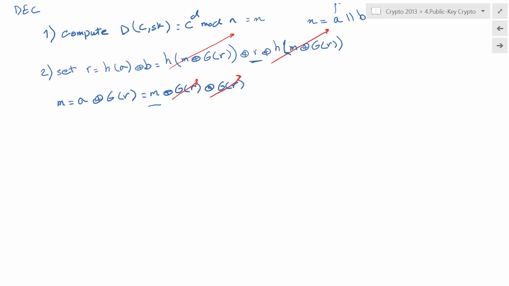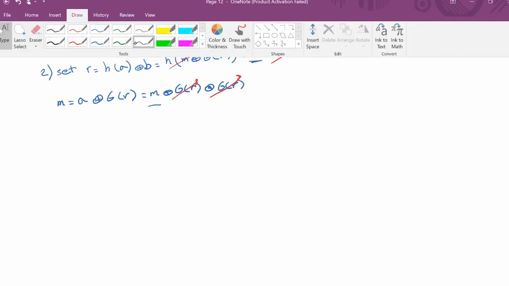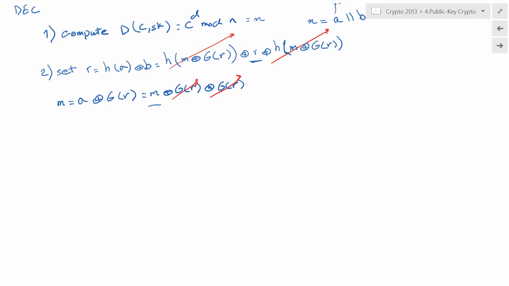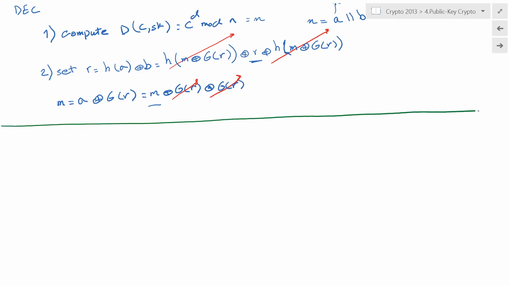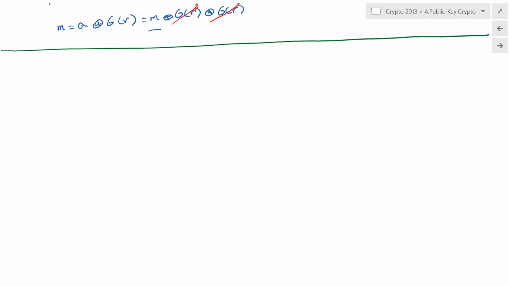All right, now we can discuss something else. We have gained something, but also at the price of losing something else. Remember in basic RSA, we said that we have a homomorphic property.